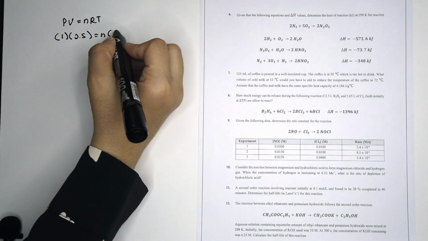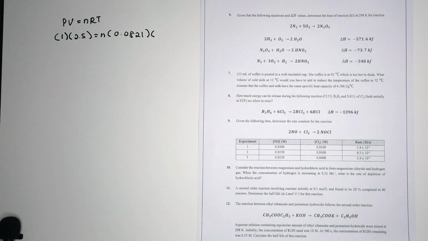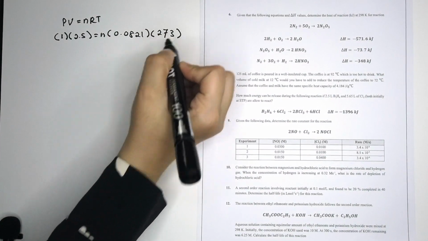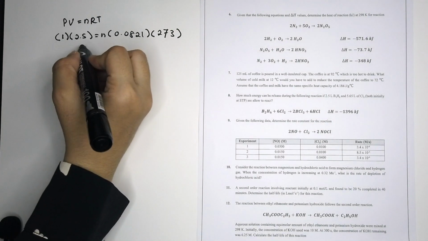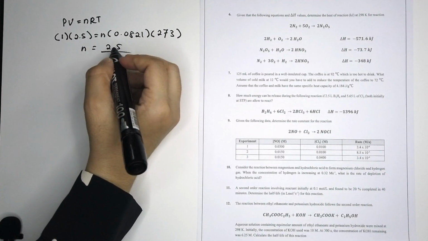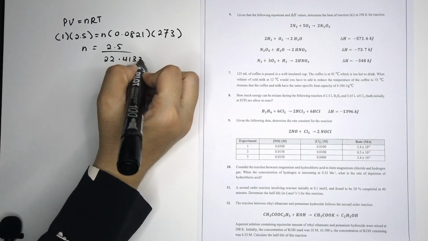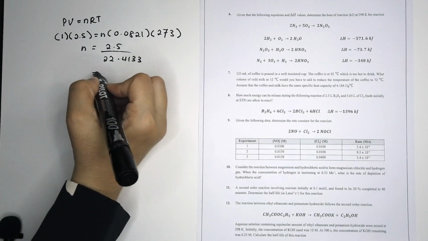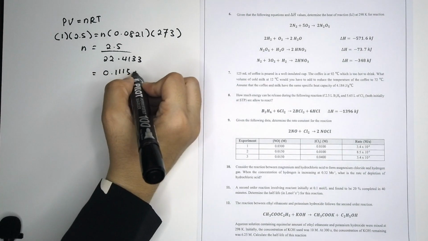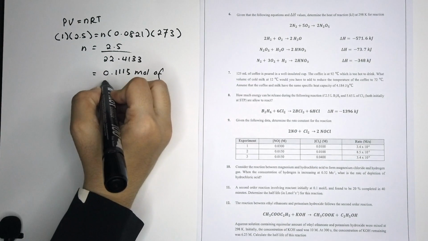R is a constant value, 0.0821, and the temperature at STP is 273. So from here you will get your n is equivalent to 2.5 divided by 22.4133. Therefore your n is equivalent to 0.1115 mole of B2H6.